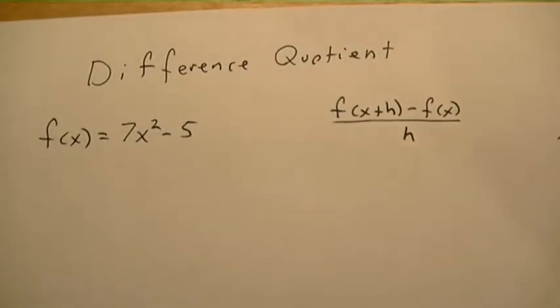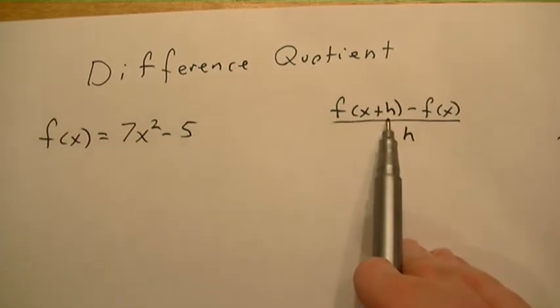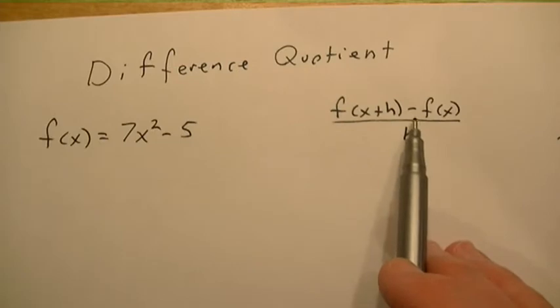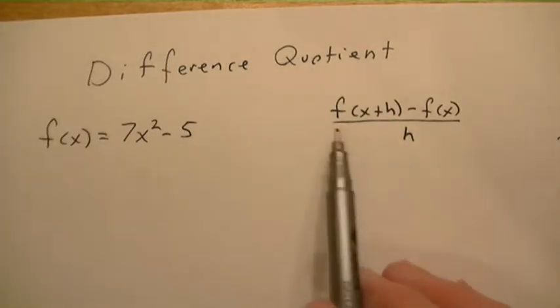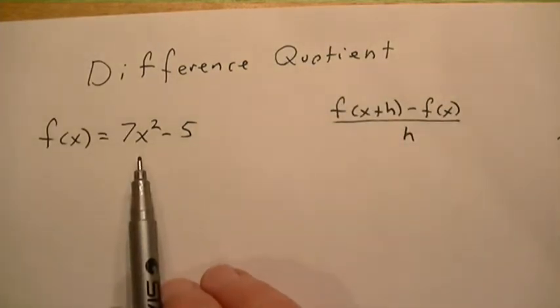So let's get started. First of all, let's talk about the substitution part of it. We have two different things to calculate. One is f of x plus h, and then we have to subtract f of x, which is really negative f of x. You can think of it as that. So we have to basically fill in this equation form using this equation.